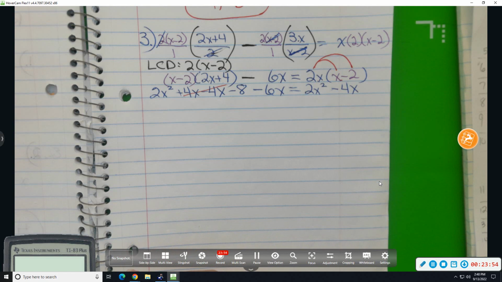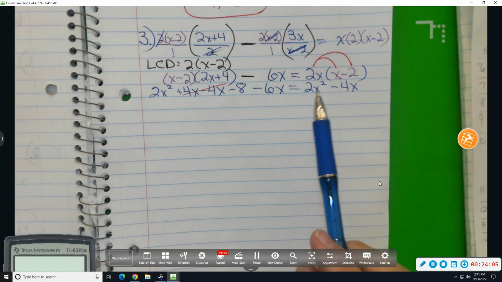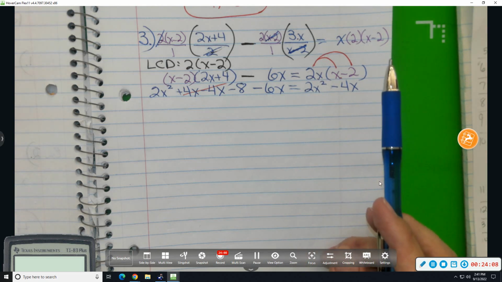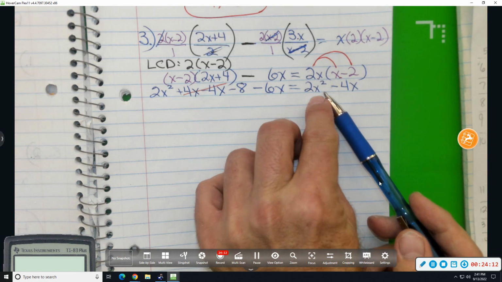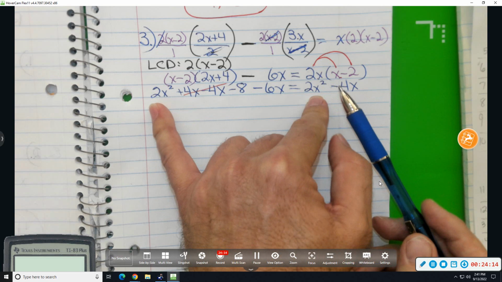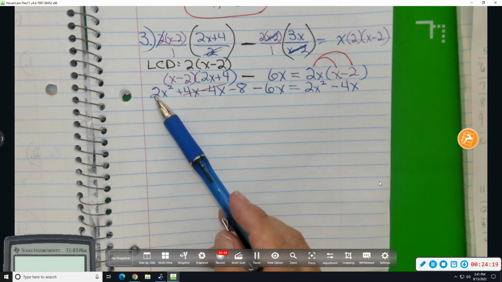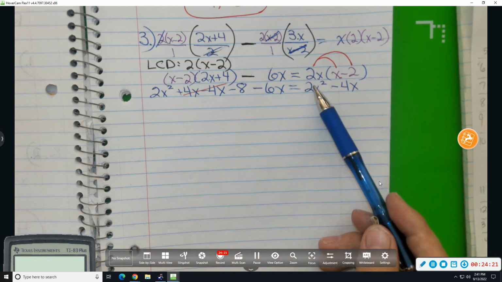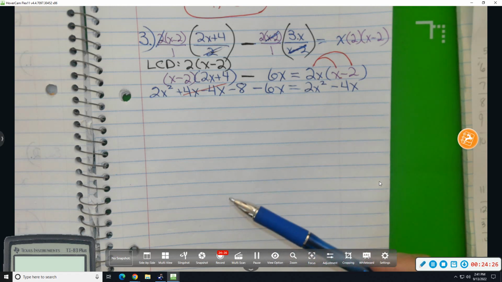Oh, wow. This is not nearly as bad as it could be. Something nice is about to happen. At first glance, it looks like we have a quadratic equation. Remember, a quadratic equation is an equation, which means there's an equal sign, that has an x squared in it. But look, there's a 2x squared on each side. Let's try to combine those x squares. If I wanted to take this 2x squared and move it over, what would I do to that positive 2x squared?